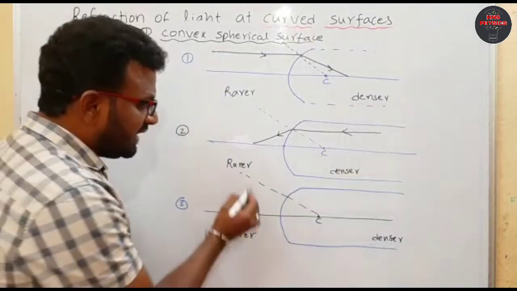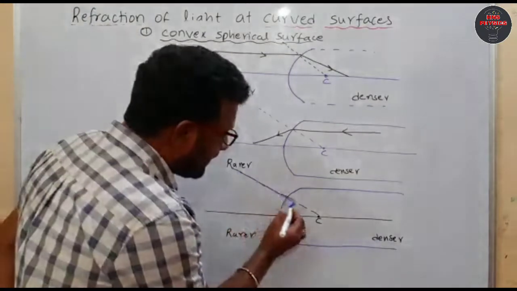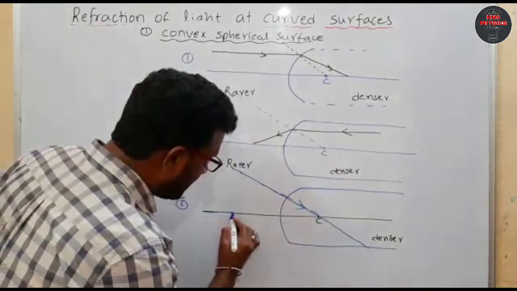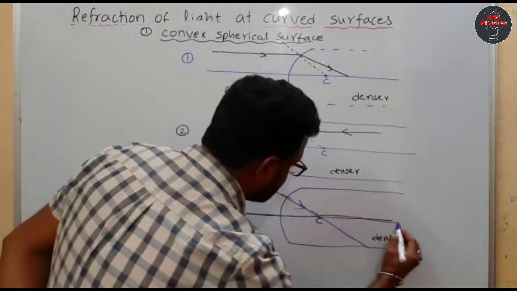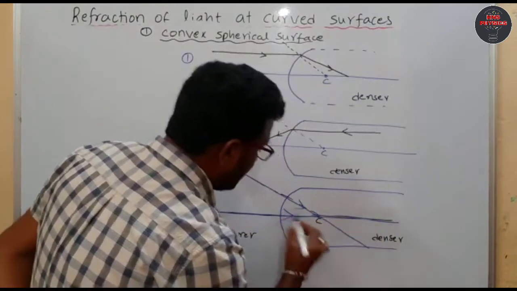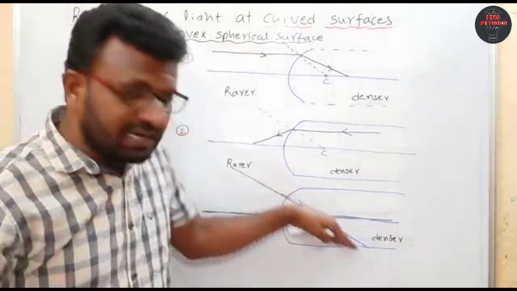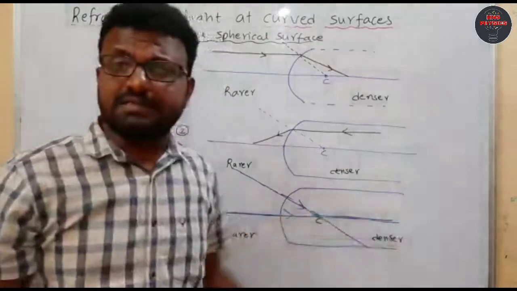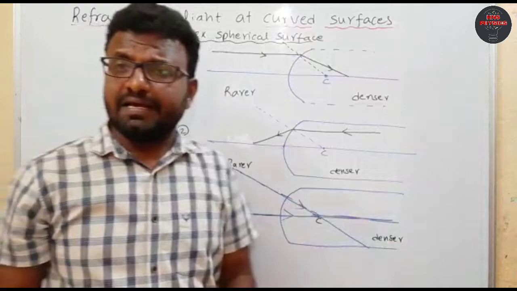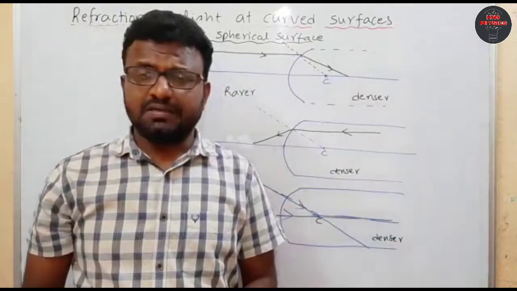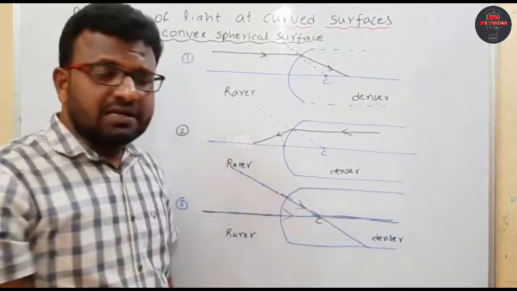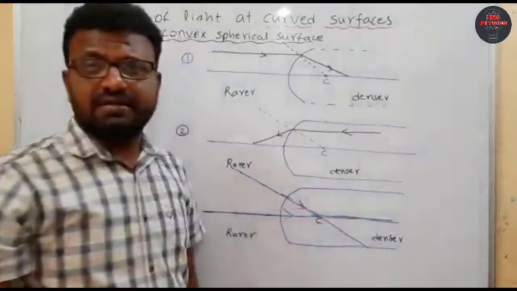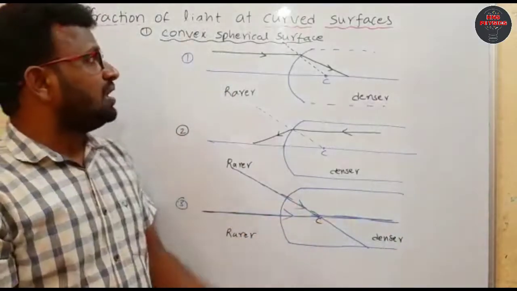Now in this case, when a ray of light is passing through the center of curvature, or passing along the principal axis, in these two cases the ray does not deviate from its path. The ray travels like a straight line. So these are the rules related to the convex surface.